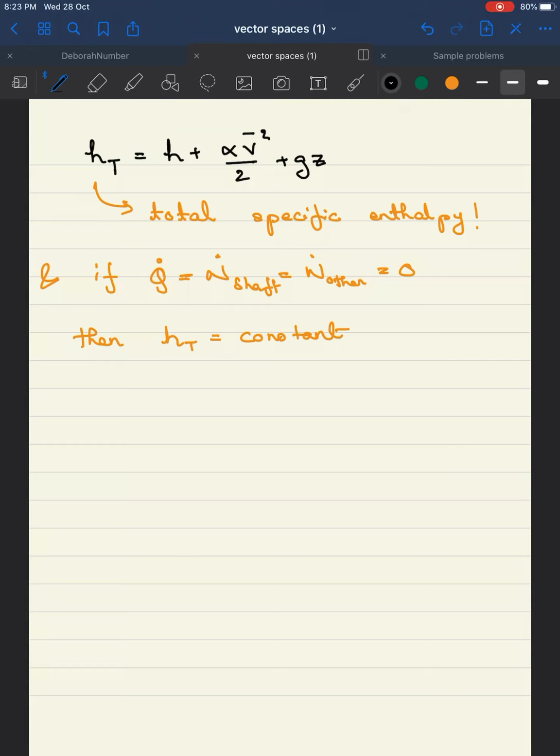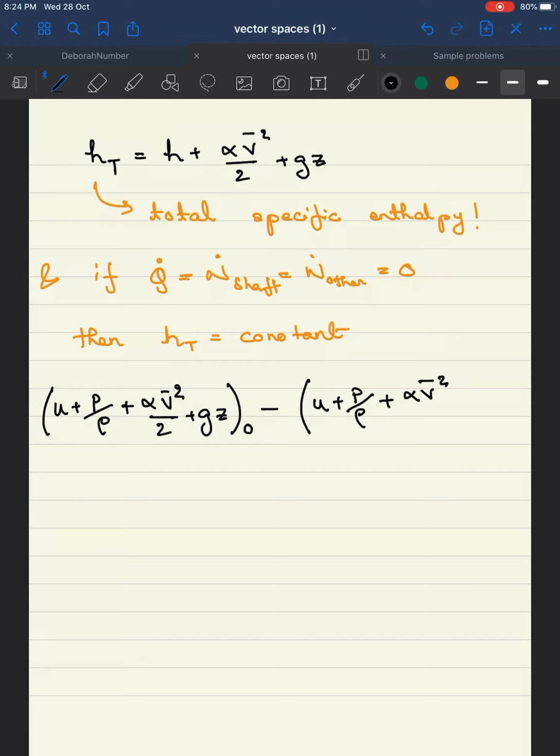Now let's do one thing. To get to that place, let us replace this H with its original value, which was U plus P by rho. So we get U plus P by rho plus alpha V bar squared by 2 plus GZ at outlet minus U. We are continuing with the same assumption of steady flow and a single inlet and outlet.